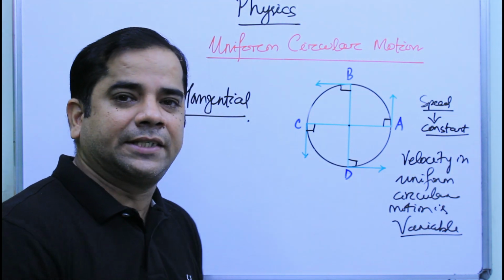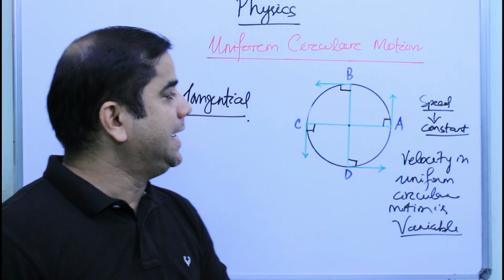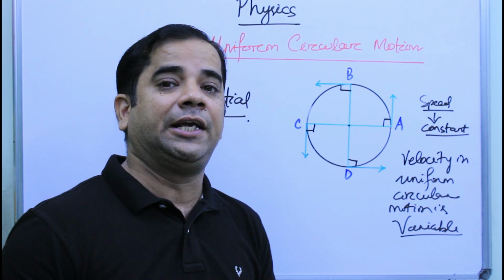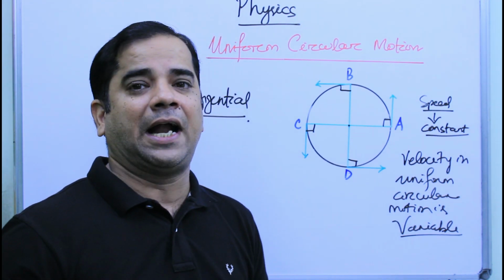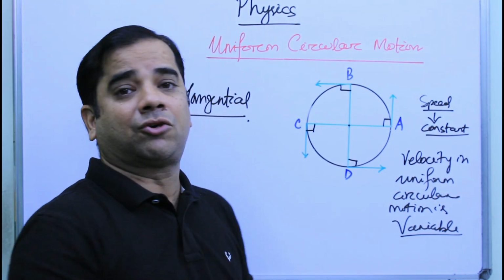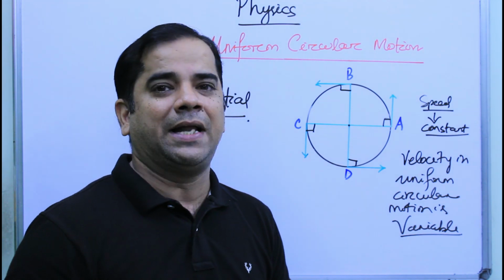From this discussion we can come to the conclusion that in uniform circular motion the speed remains constant but the velocity is variable. Or you can say that the particle is accelerated in uniform circular motion though the speed remains constant.